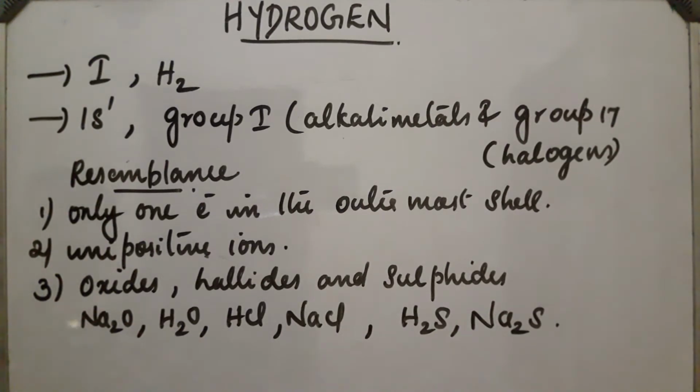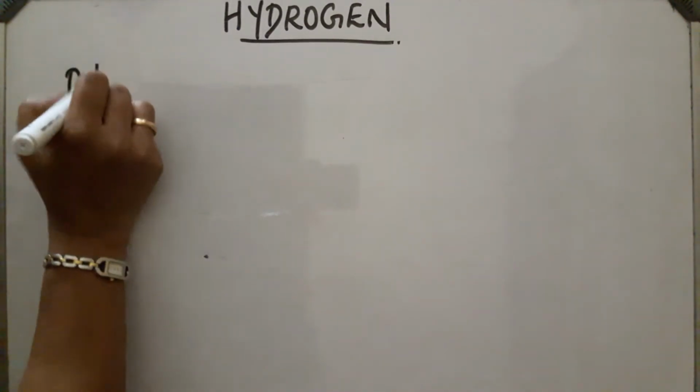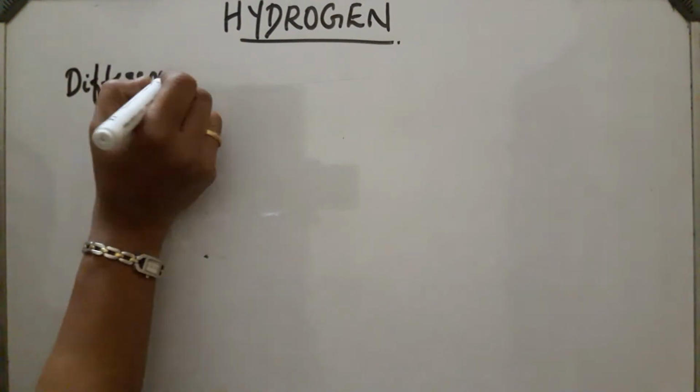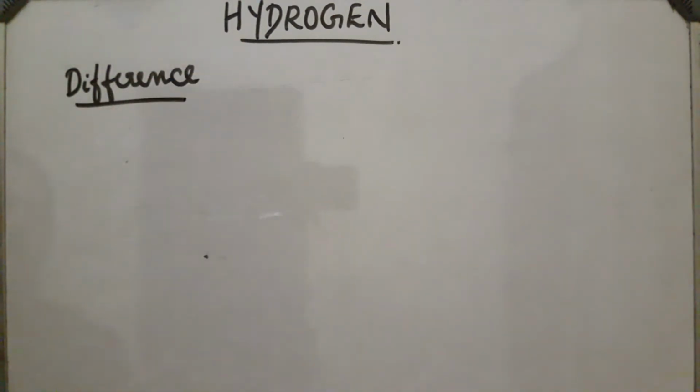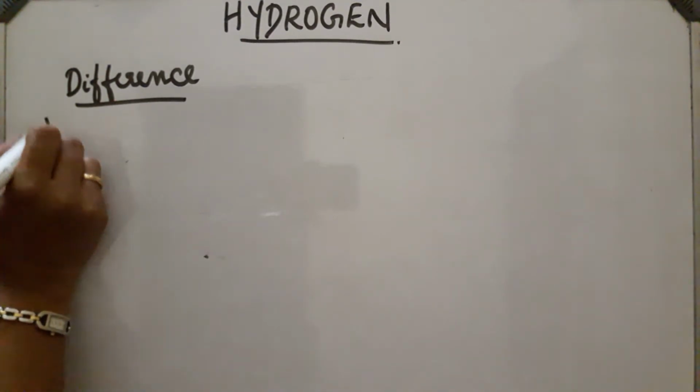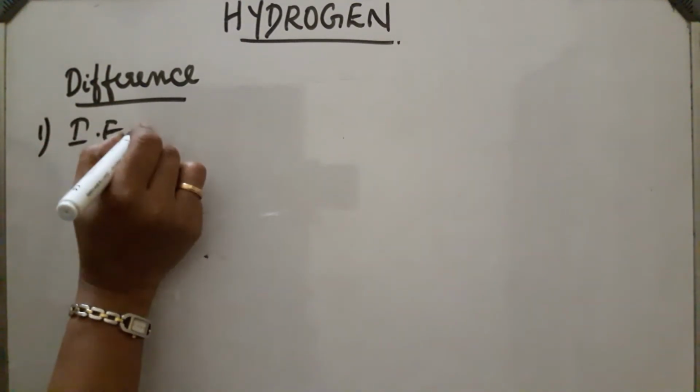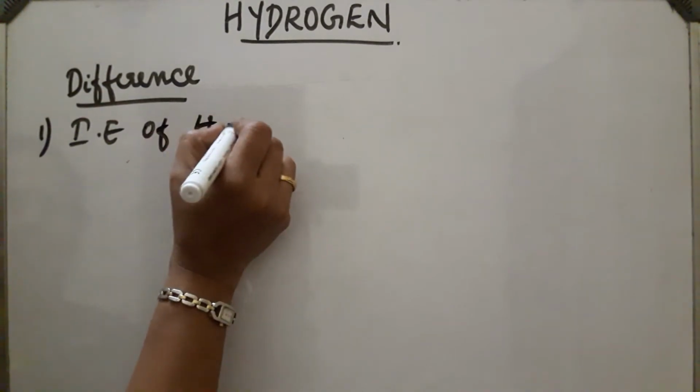There are some differences between these two. Which are they? Let us discuss one by one. So, differences between hydrogen and group 1 metals, or alkali metals. First point, the ionization energy of hydrogen is very high.